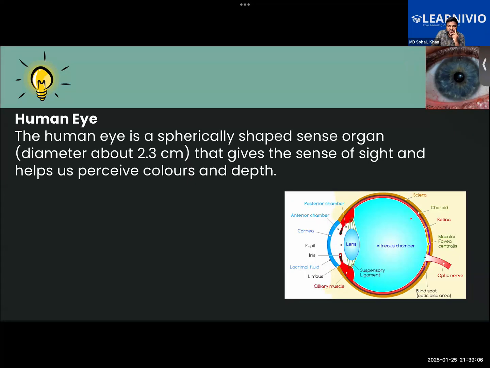You guys tell me, the image formed on the retina, is it a virtual or real image? Real image. Okay, so it is a real image, but when it is processed by the brain, then it is virtual.